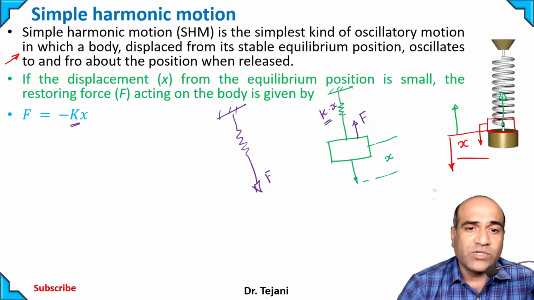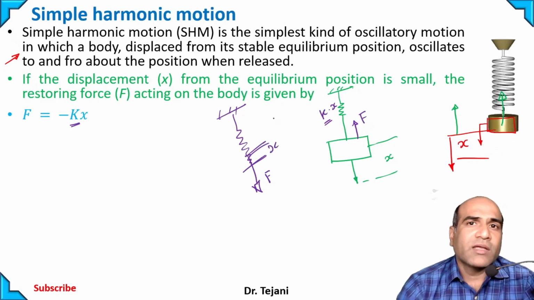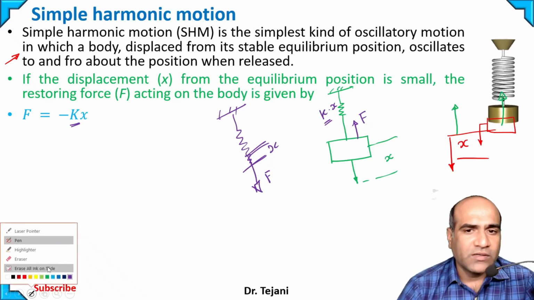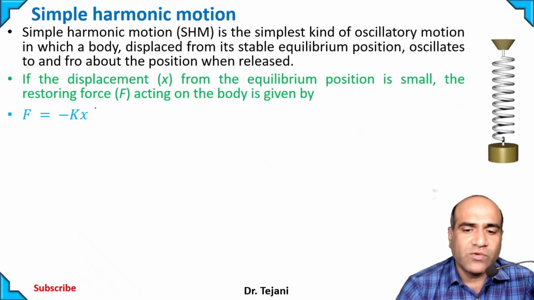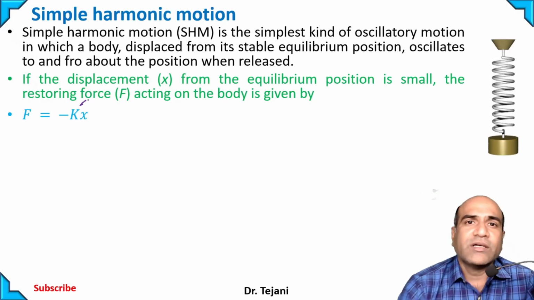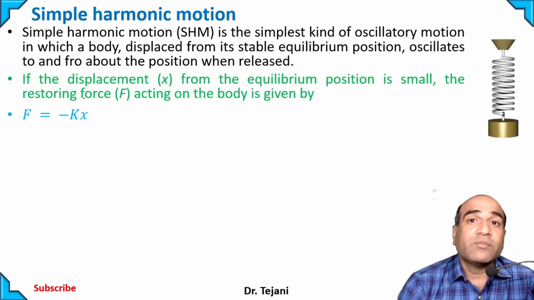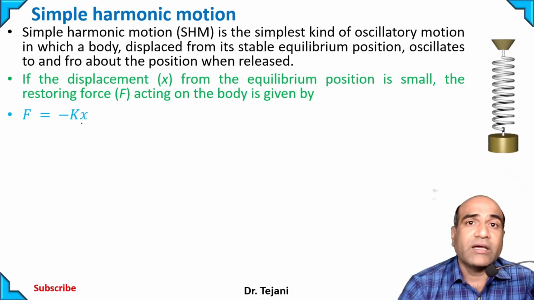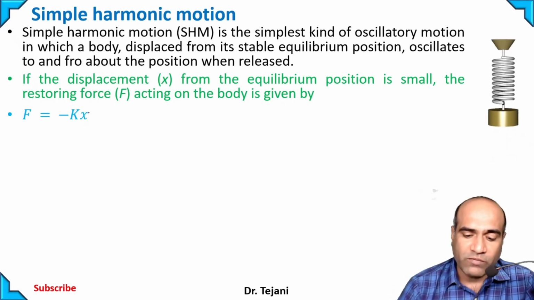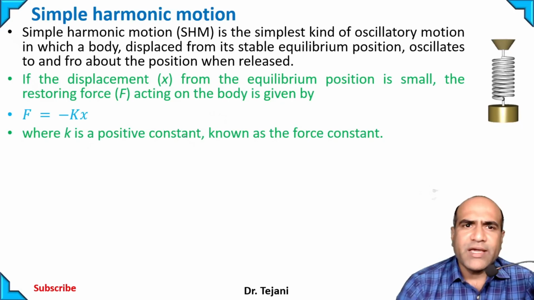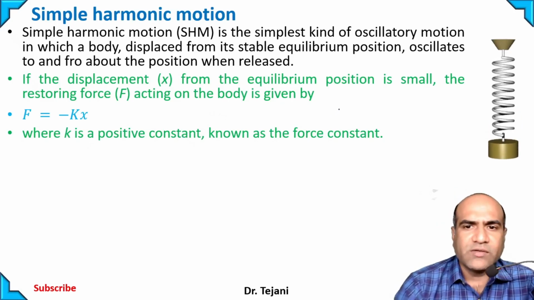So if it stretches up to this level, that becomes x. So the spring force, or resisting force, is equal to minus K, the restoring force per unit displacement, that is the spring constant, multiplied by the amount of displacement.